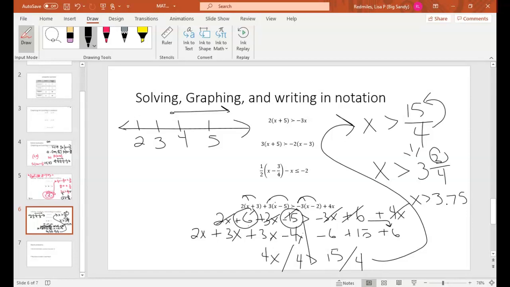Okay, and then that means that we're going from 3.75 to infinity, which is the set of all x's such that x is greater than 3.75.